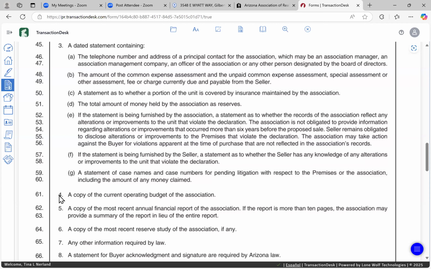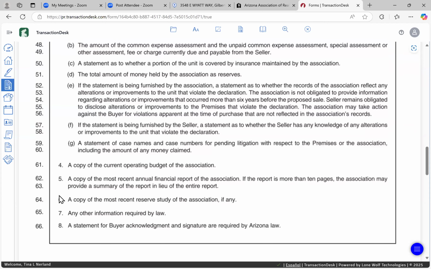They need a copy of the current operating budget, a copy of the most recent annual financial report of the association. If the report is more than 10 pages, the association may provide a summary of the report in lieu of the entire report. A copy of the most recent reserve study of the association, if any. Any other information required by law and a statement for buyer acknowledgement and signature are required by Arizona law.